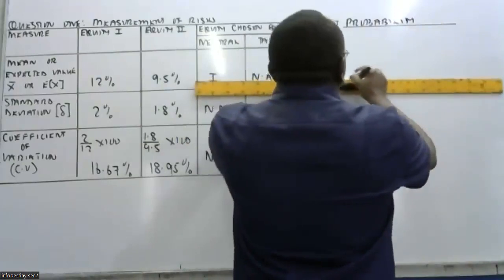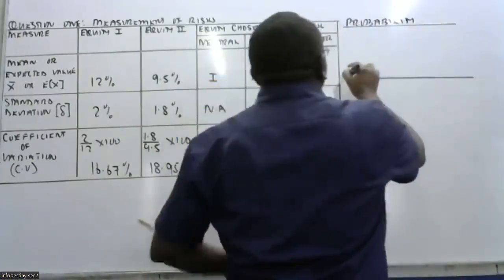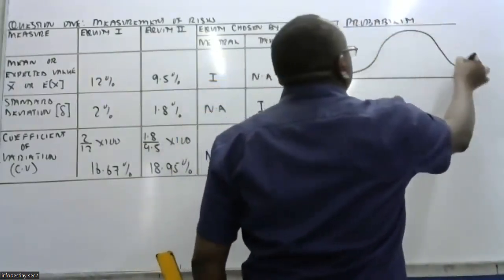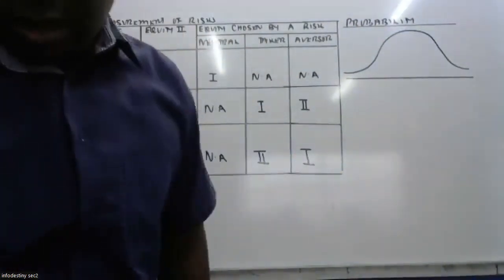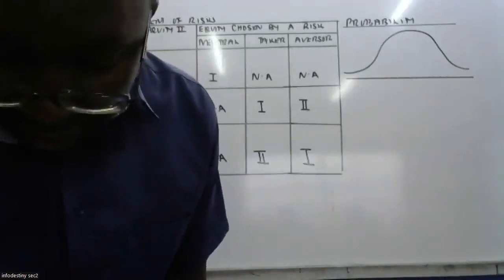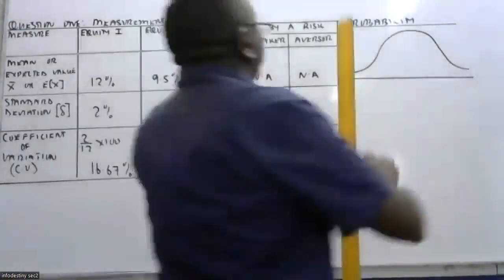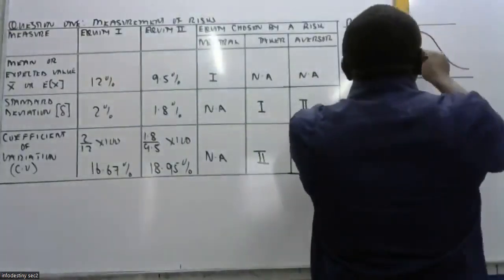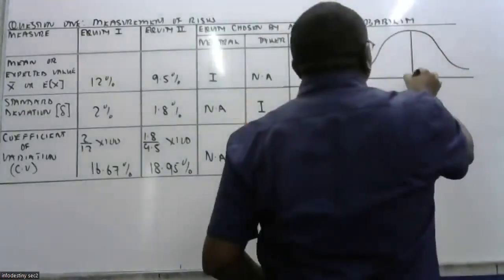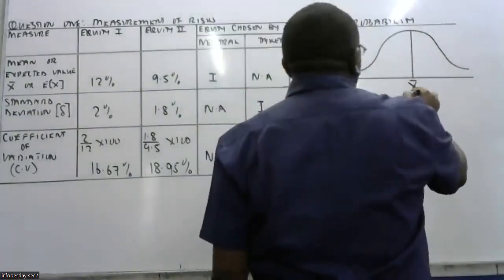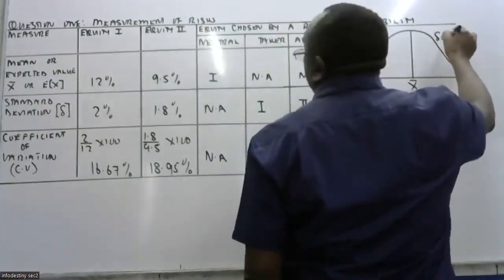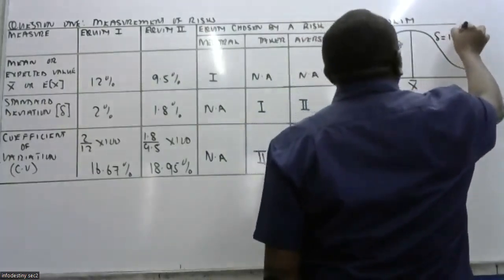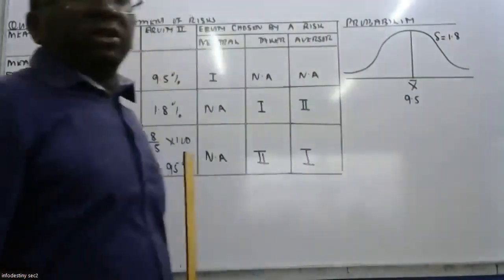So you are supposed to draw something like this because they are following the normal probability distribution. We are dealing with equity 2. So equity 2 here has a mean of 9.5 and a standard deviation of 1.8.